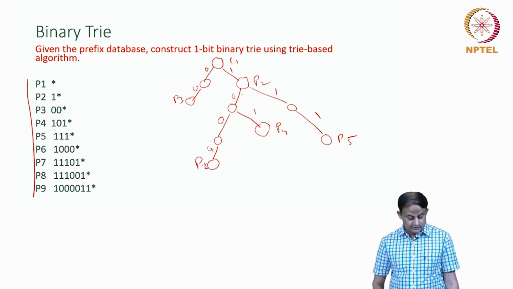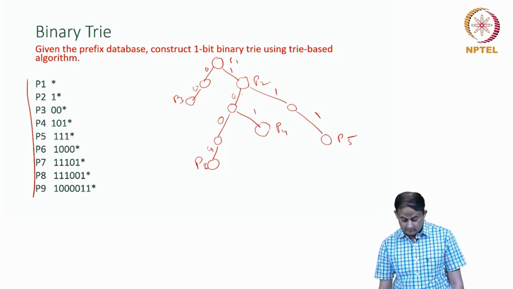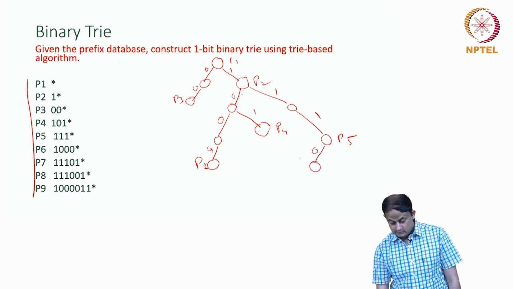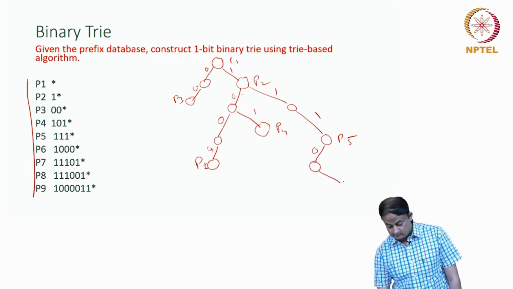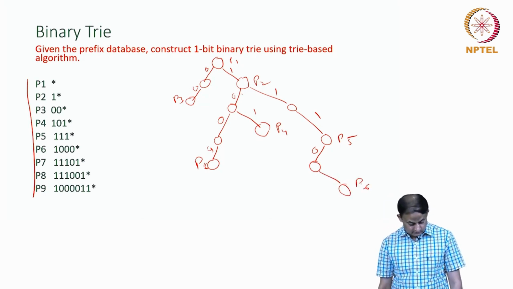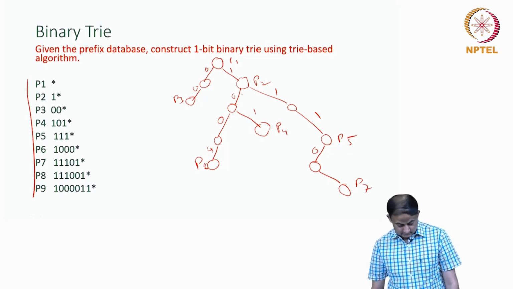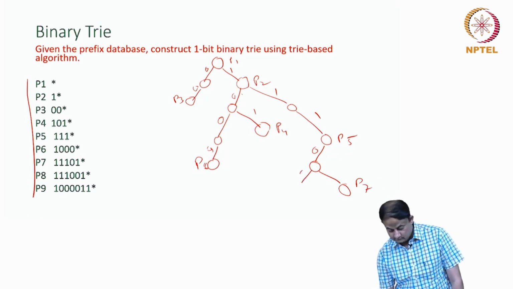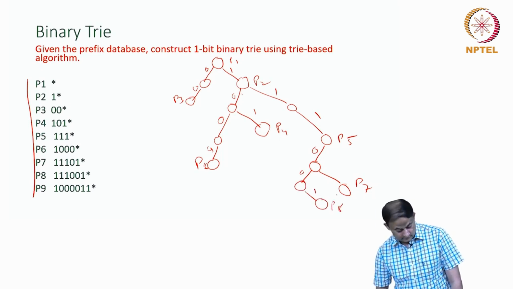P7 is 111 followed by 0 1. 111 is already there, followed by a 0, a node here, and then a 1. So I come here, this is my P7. P8 is 111 followed by 00 followed by 1. The 1 0 is already there, 1 node, and then followed by a 1. You are here, this is my P8.